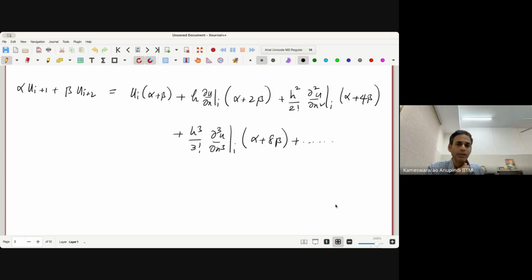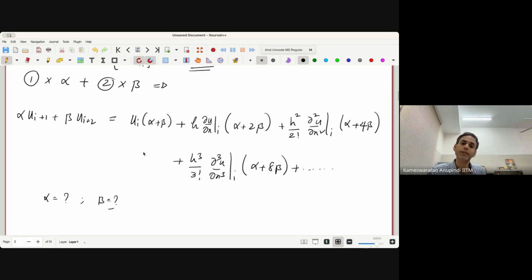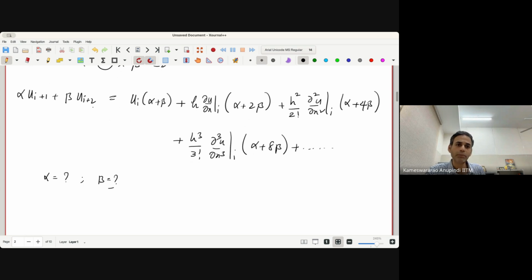Now I want to calculate the values of alpha and beta such that I get the first derivative, dou u by dou x at i, to second order accuracy. So if I look at the first derivative, I don't want any higher order derivatives in this problem.